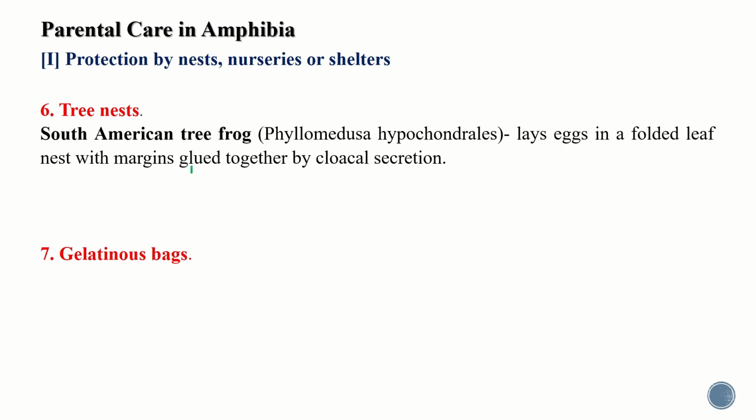There are two types of tree nest. In the case of the South American tree frog, Phyllomedusa hypochondrialis, they lay eggs in a folded leaf, and the leaf margins are glued together by cloacal secretion.